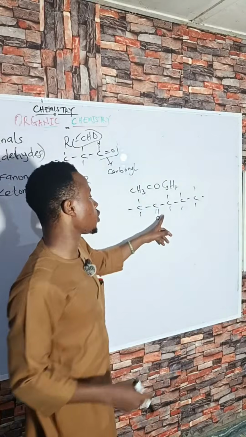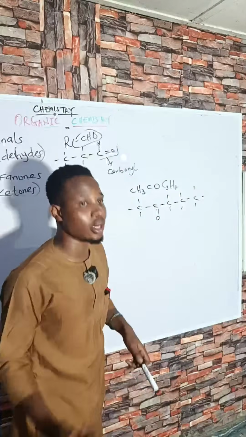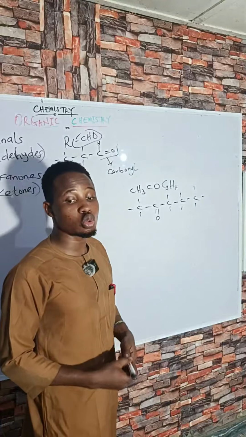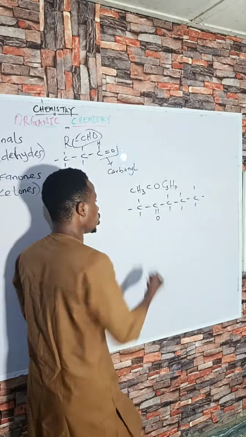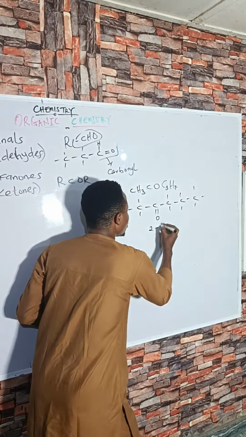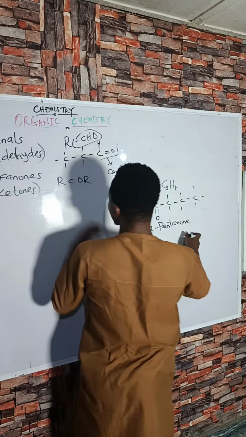But the idea is now that the functional group is on carbon 2. So some authors will call it 2-pentanone, some will call it pentan-2-one, and of course, some will just call it pentanone. So it depends on the author. But I believe this should be 2-pentanone. Okay? From your word alkanone.